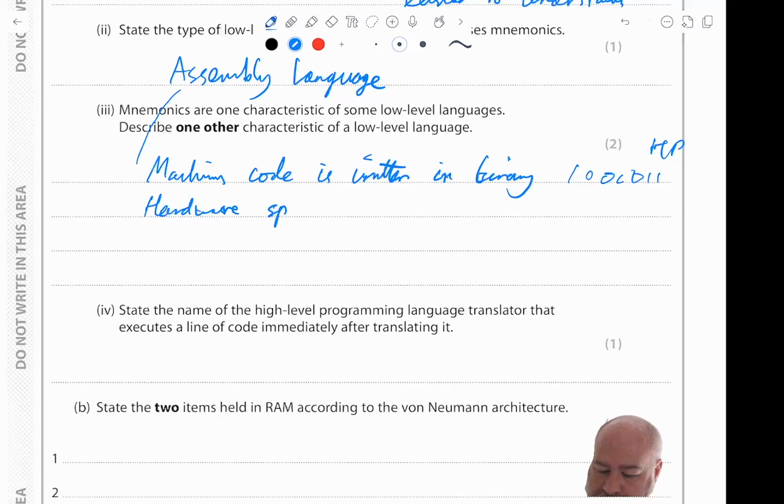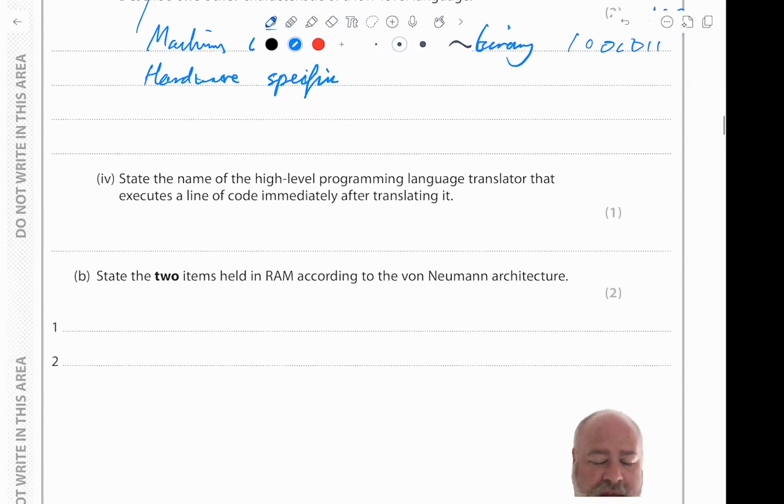Hardware specific. And they can be highly optimized. So all those old Mario games and Sega sort of Sonic games were probably originally written in assembly because the hardware was so limited. They had to squeeze everything they could out of the hardware.